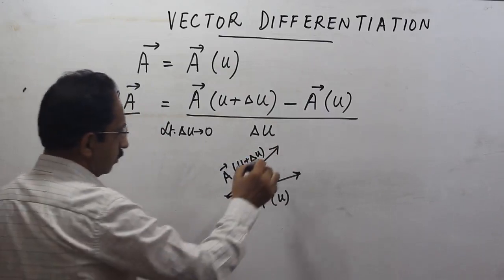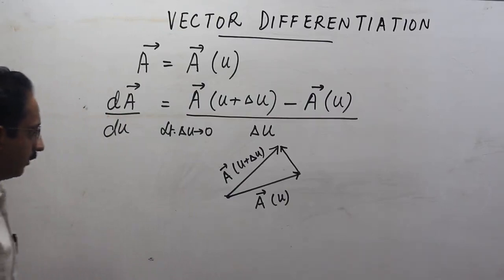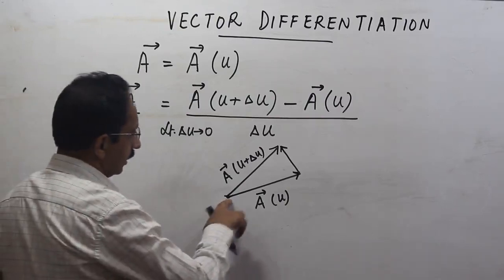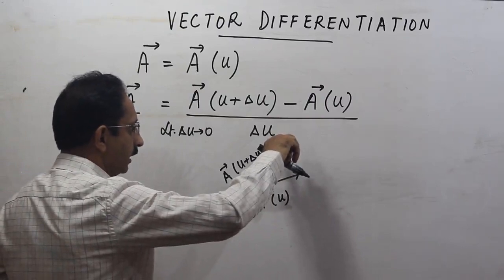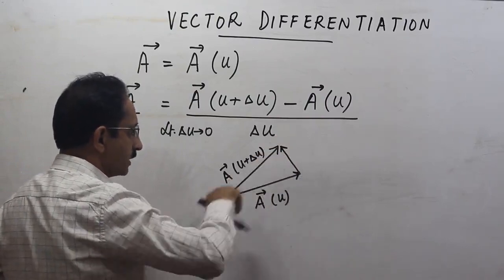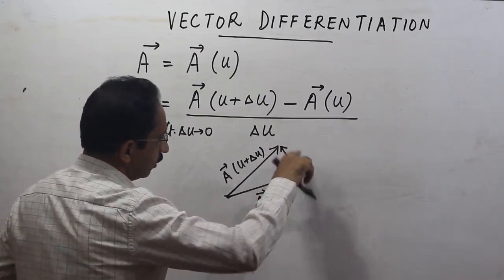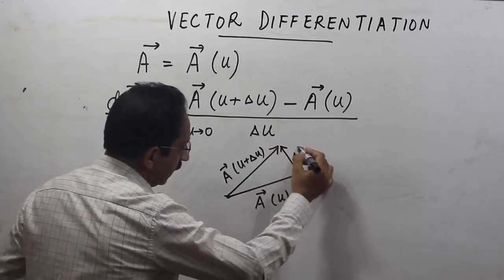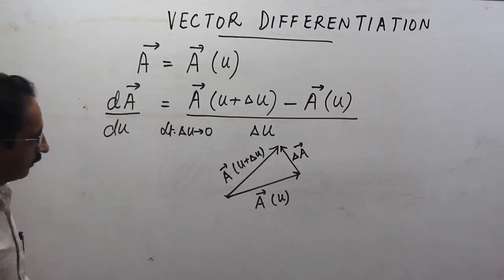You will agree that this change is as per the triangle law. The triangle law gives us that if this is one side of the triangle, and this is the second side of the triangle, then this becomes the closing side of the triangle, and that closing side gives the sum of these two. So I can call this delta A, the change in variable A, the change in the vector A.